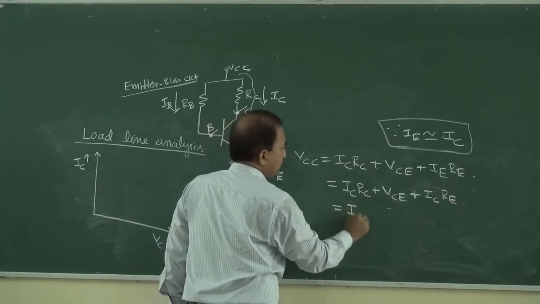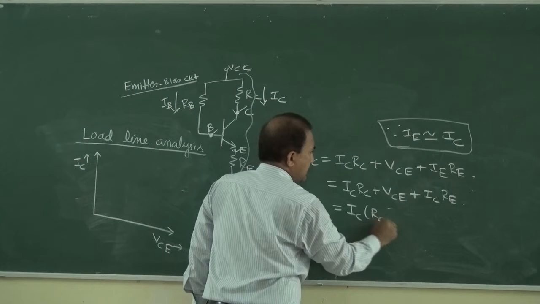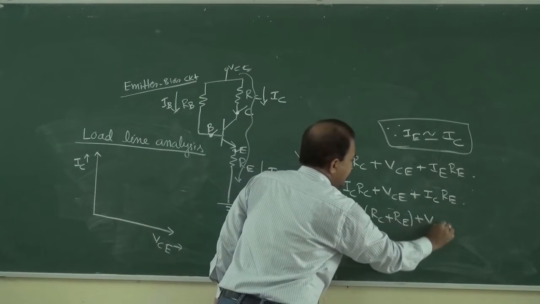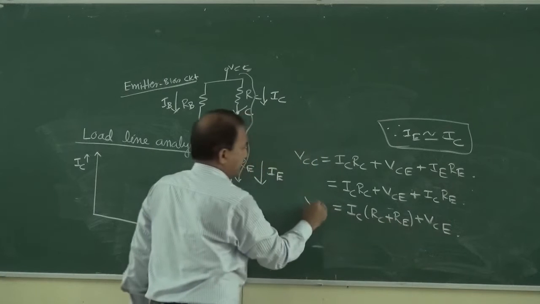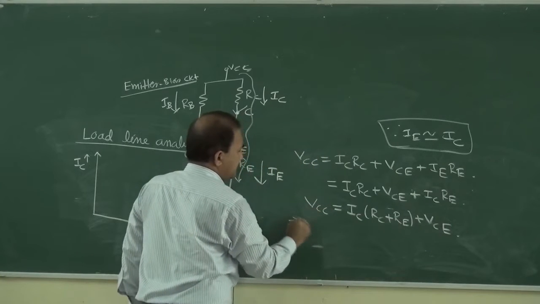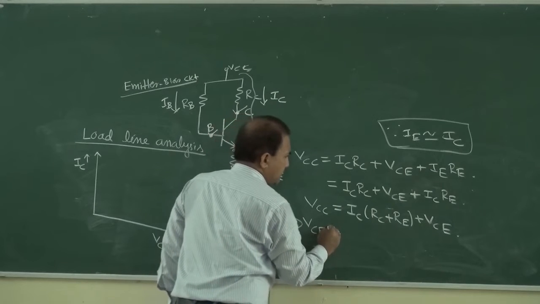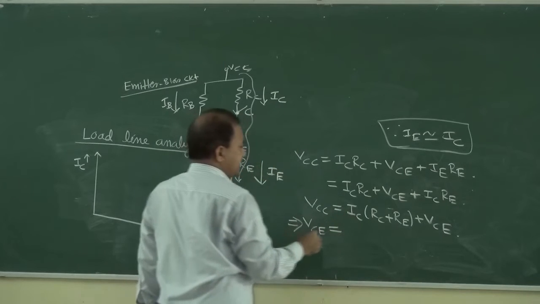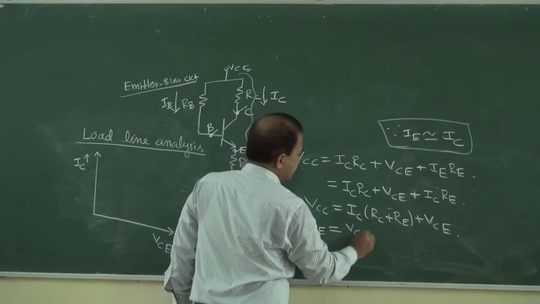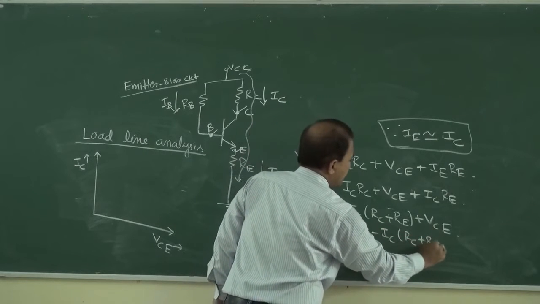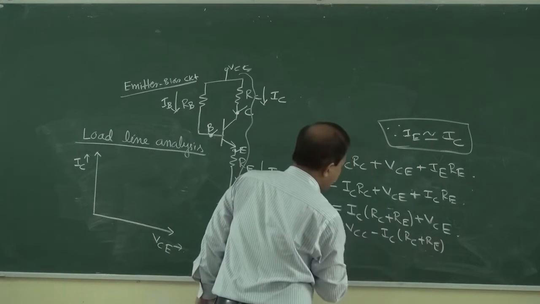So it is equal to IC into RC plus RE, plus VCE. From this equation we can write the expression for VCE, it is equal to VCC minus IC into RC plus RE.